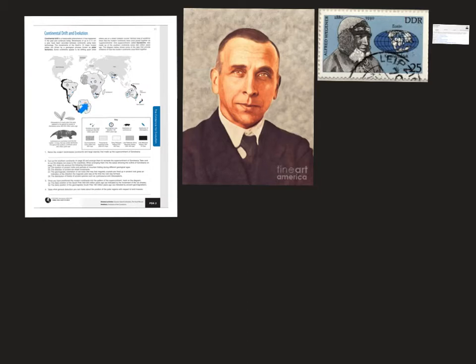I'm going to put on the website an interactive world map that shows you every fossil found up to this point, and you can actually click on the fossil evidence and it'll tell you what the fossil is, and then you can go to the opposite side of the world and click on that evidence there, and you can see that the fossil evidences do match.